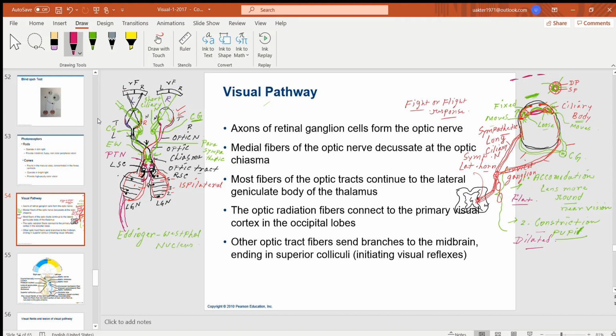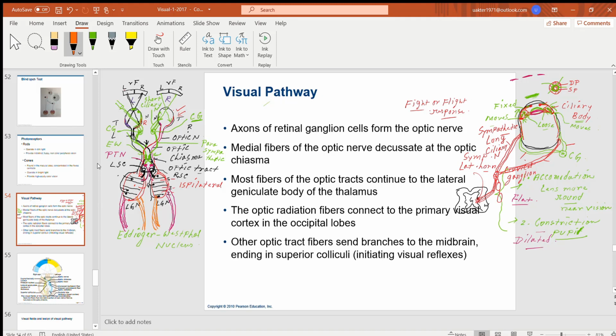This one will run through the temporal lobe of the brain, so these are the inferior fibers, because the temporal lobe is inferior, right? And another group of fibers will run along the parietal lobe of the brain, that means the superior group of fibers.